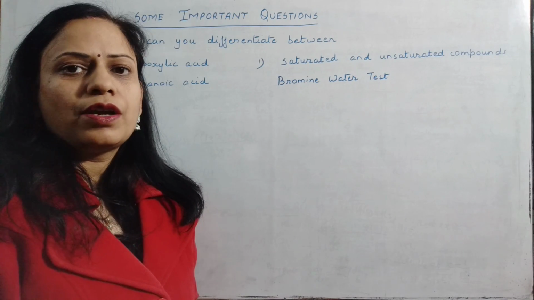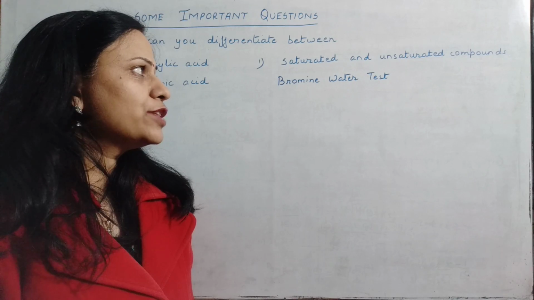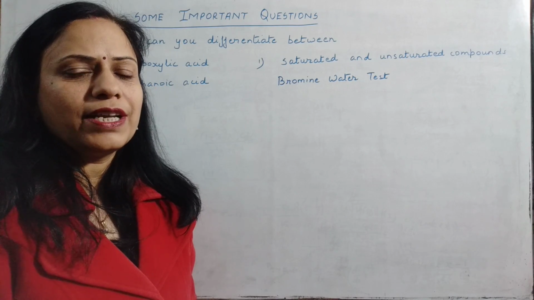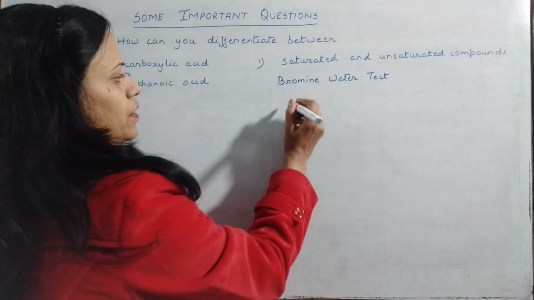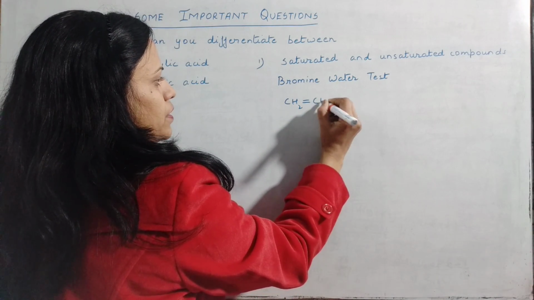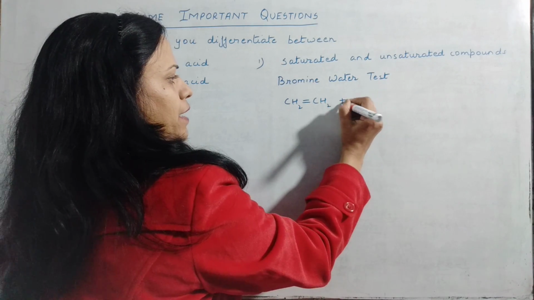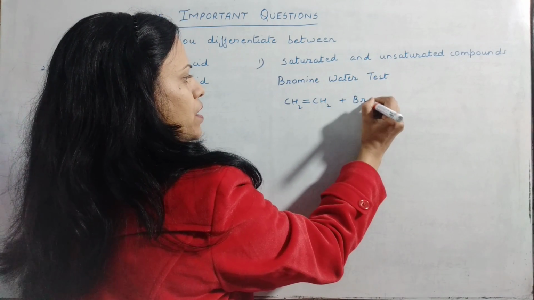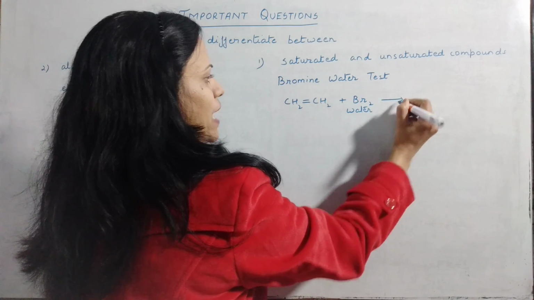Saturated compounds do not undergo addition reactions, whereas unsaturated compounds undergo addition reaction. Suppose I take up the example of ethene. Ethene contains a double bond, so it is an unsaturated compound. When we add bromine water to it, what will happen?